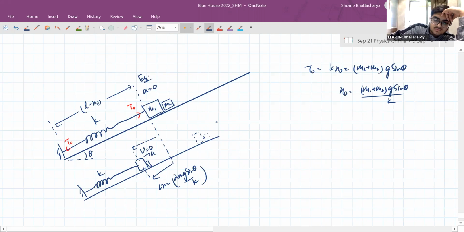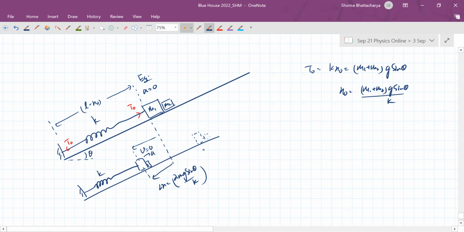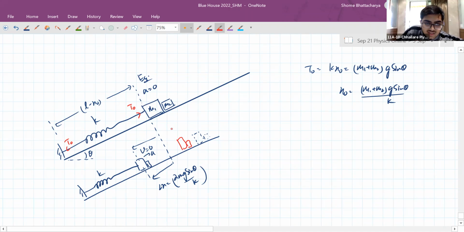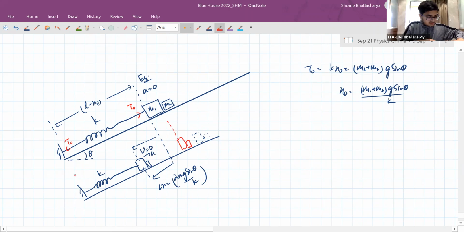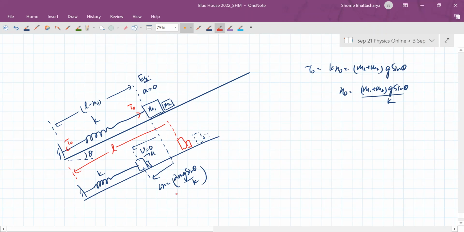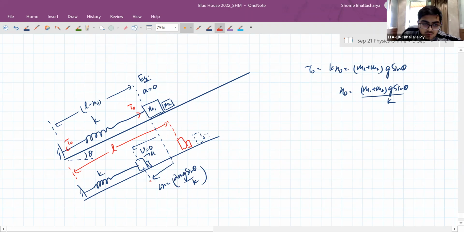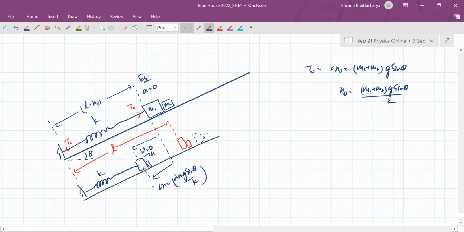Okay. Now tell me what happens that if this is 2 mg sine theta by k, somewhere in between is the position where the spring reaches the natural length. Yes, sir. Okay, so this is where x becomes 0. That will be after the equilibrium, beta, because at equilibrium it is mg sin theta by k. Okay. So see what is happening at this position. What is the x of the spring?